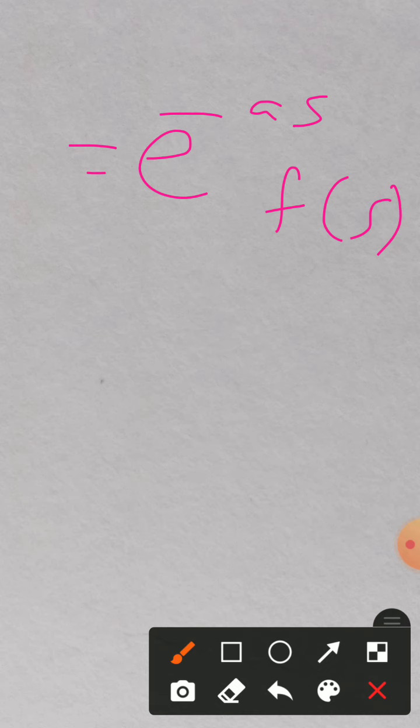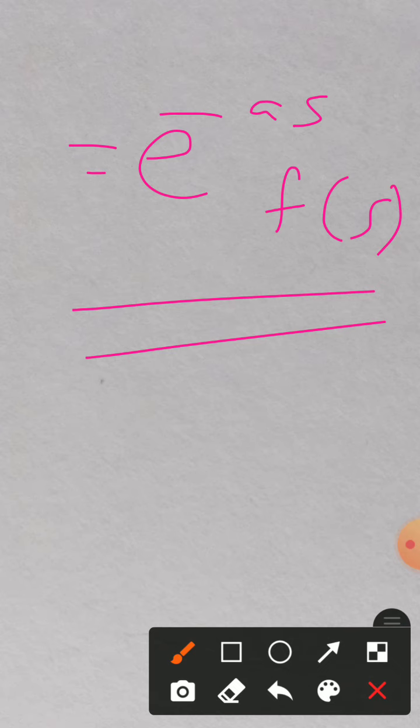This is nothing but it is equal to e raised to power minus as and F(s). So that's why we have proved the Laplace transform of g(t) is e raised to power minus as F(s).